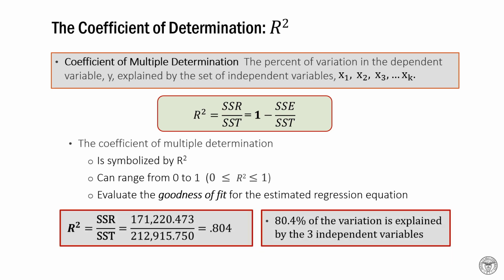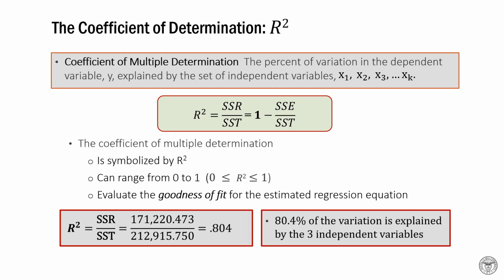For instance, in our heating cost case study, we can employ the regression and the total sum of squares from the ANOVA table to compute the coefficient of determination, yielding the value of 0.804.